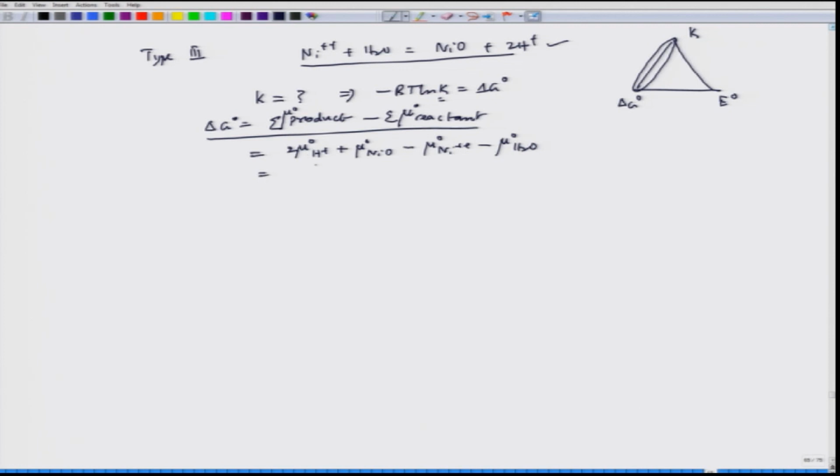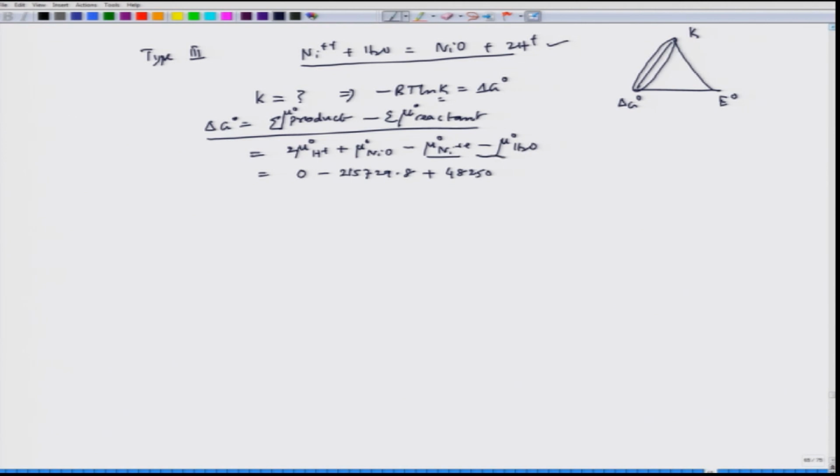We already know these values. This is 0, and this value becomes minus 257... 2157 29.8. It will become plus because this value is minus 48250.